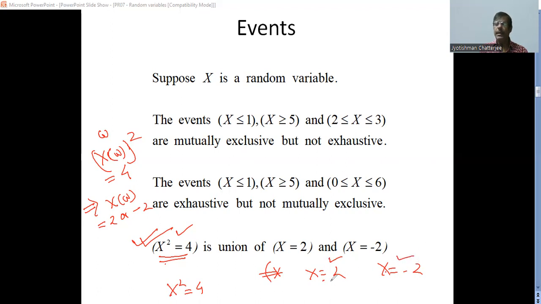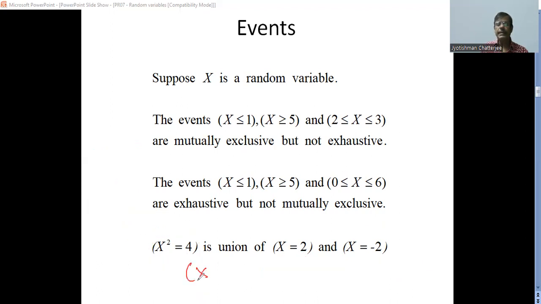And conversely, if capital X value equal to 2, then this event occurs, and when capital X equal to -2, then also this event occurs. So that's why we can say that this event capital X square equal to 4 is the union of these two events, X equal to 2 and X equal to -2.